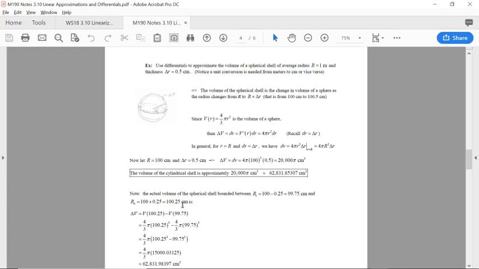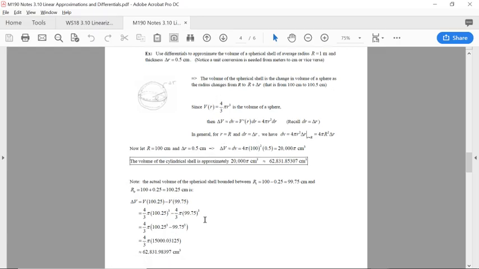If we use the outer radius and the inner radius, we could calculate the actual volume of the shell with a delta V, because it is the volume with the outer radius minus the volume with the inner radius, using the formula for the volume of a sphere. Just to demonstrate that we could do it that way to find the actual volume, I calculated it out to as many decimal places as I could get from the calculator.